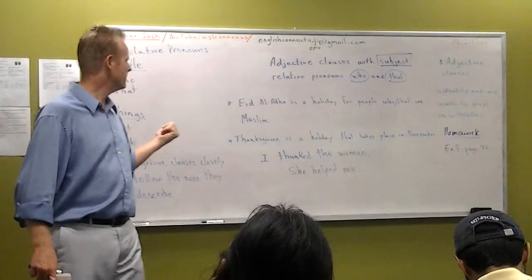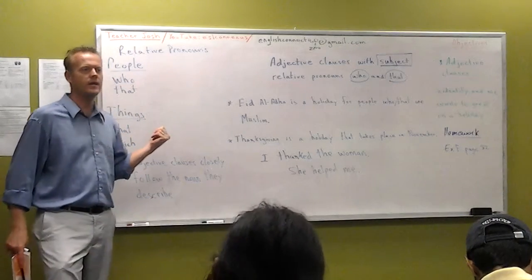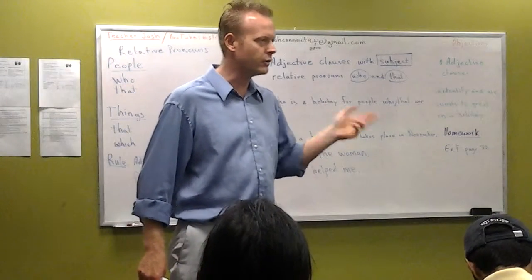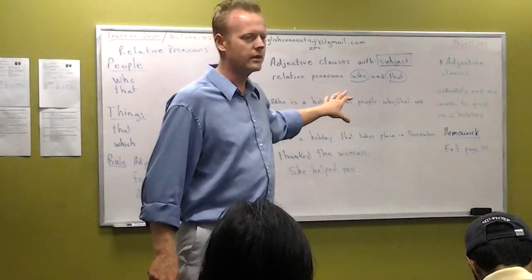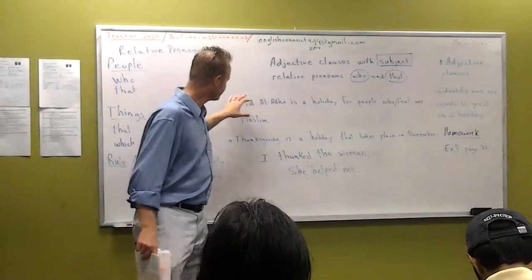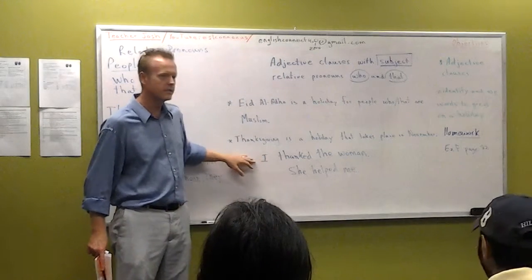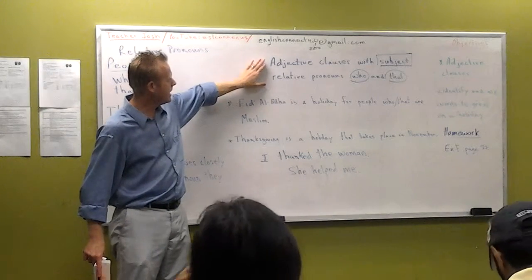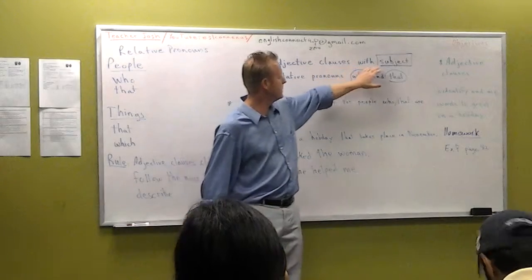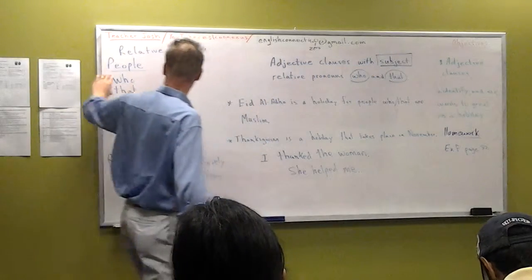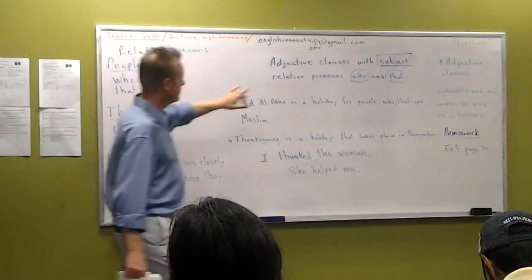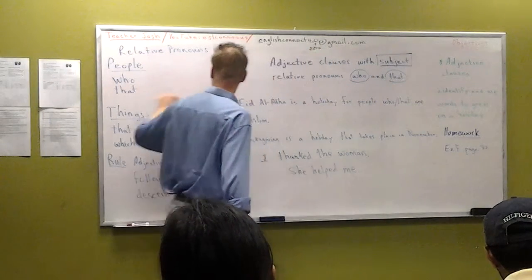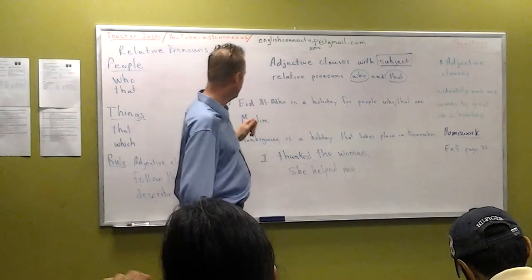It's also true that pronouns like he, she, it are used to refer to a noun. So the way these work is, let's just look at two sentences. Today, right now, we're talking about adjective clauses with subject relative pronouns, who and that in particular. We also see a which in here to talk about things.